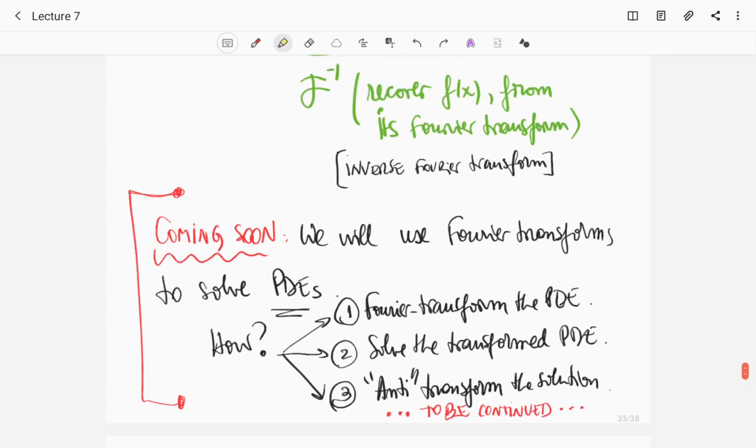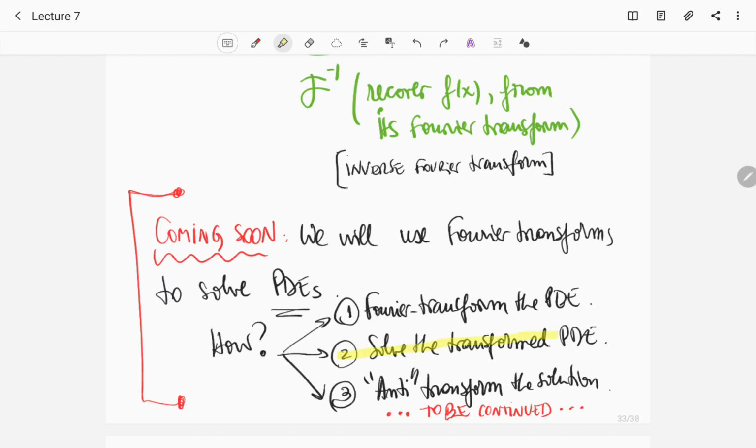Coming soon, I don't know if you remember that we were talking in lecture 6 that we will use Fourier transforms to solve partial differential equations. And how will we do that? The first step would be to Fourier transform, let's think of this as a verb, Fourier transform the partial differential equation. Once we do that, we will find an easier equation to solve.